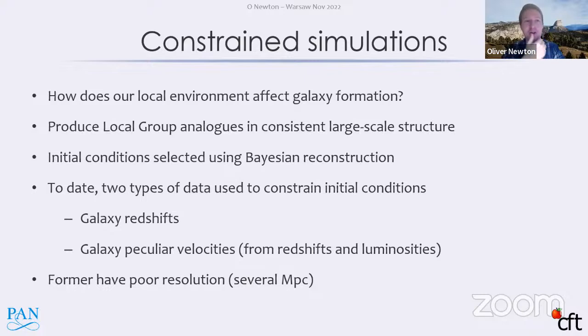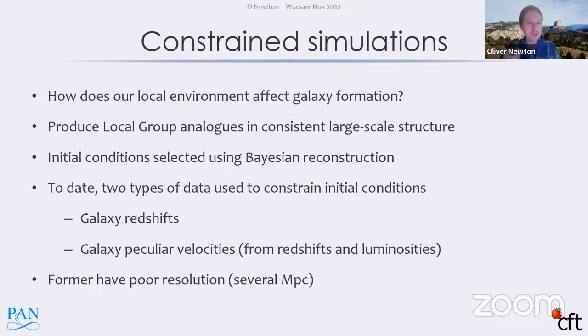So as I say, we aim to produce local group analogues in simulations that are consistent with the larger scale structure. And we do this by building initial conditions using a Bayesian reconstruction approach with the prior that, in this case, for the simulations I'm going to introduce, lambda CDM is the right model.